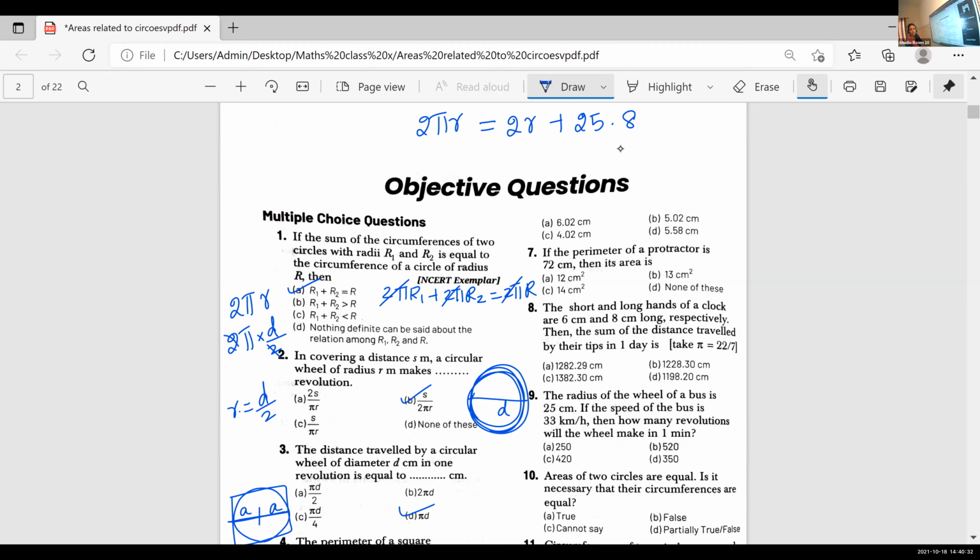Then the radius of the circle is dash. Okay, what is the radius of the circle? So how to do this?